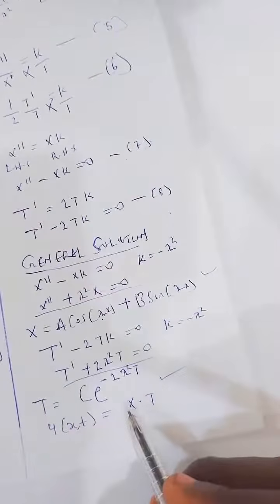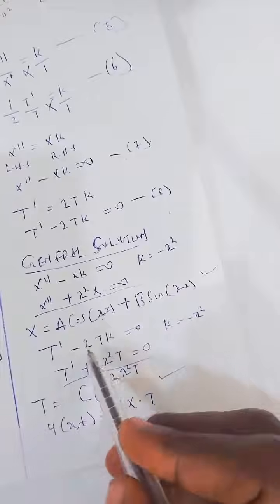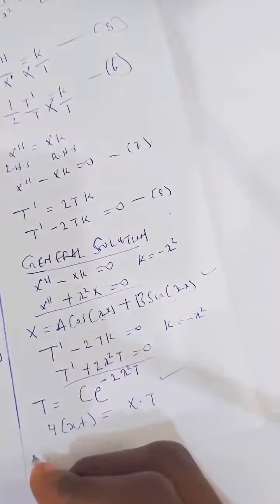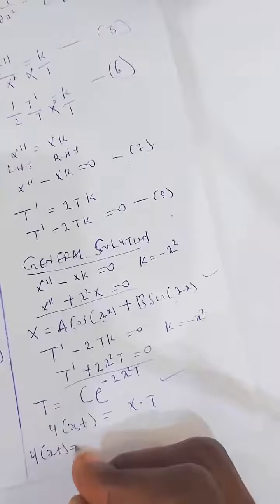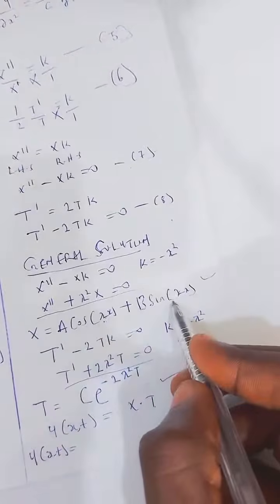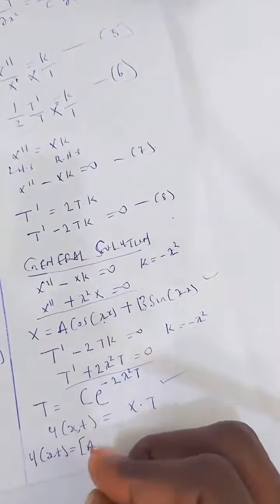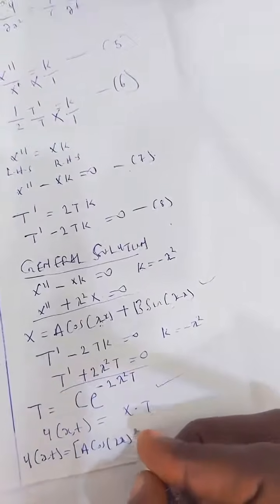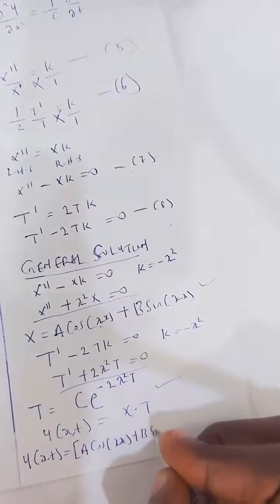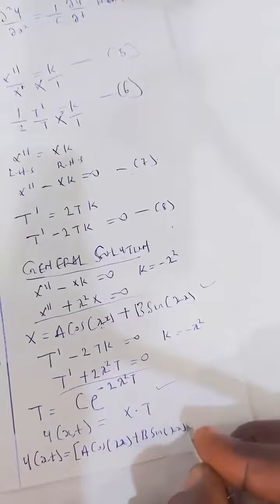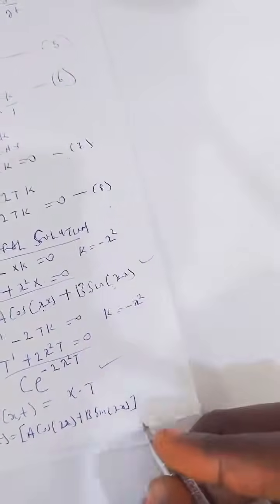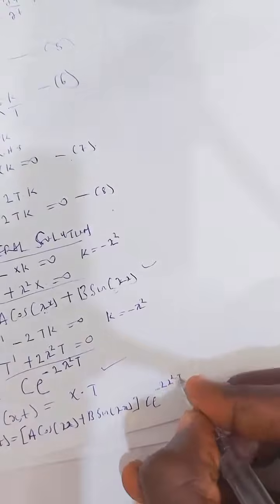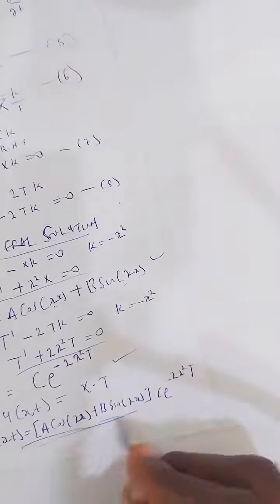In this case, I've gotten x to be this, and I've also gotten t to be this, meaning that u, which is a function of x multiplying t, becomes, substituting what you've gotten for x, a cos(lambda multiplying x) plus b sin(lambda multiplying x), multiplying c exponential negative 2 lambda square multiplying t. So this is our general wave equation.